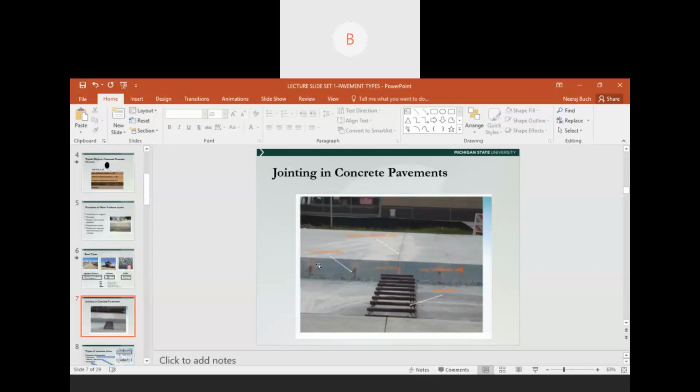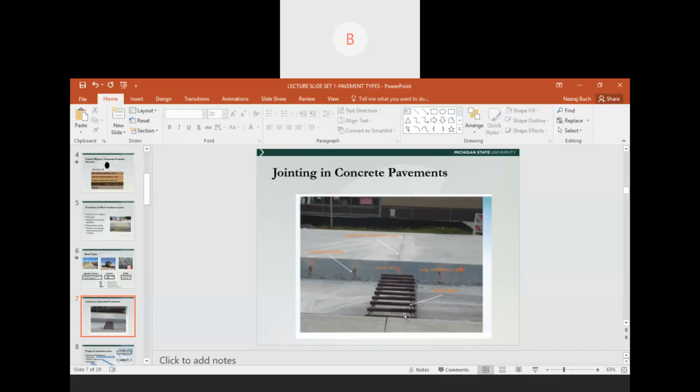And if the joints are not properly designed and constructed, those failures can shorten the design life and the performance life of a concrete pavement. So what this picture is showing you, this is called a transverse joint, which means it is orthogonal, or 90 degrees, to the direction of traffic. This is called a longitudinal joint, which means that the joint is parallel to the direction of traffic.